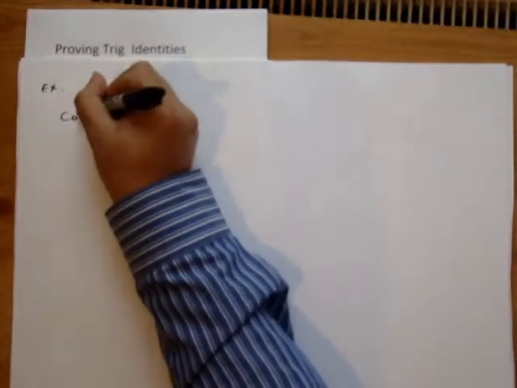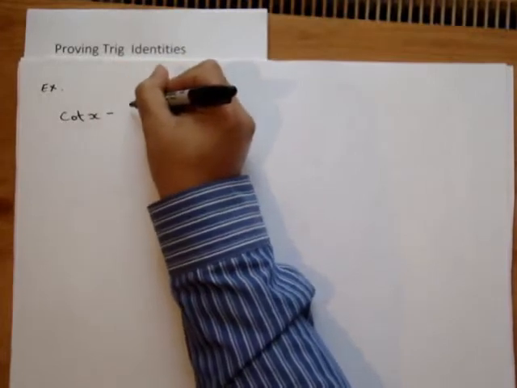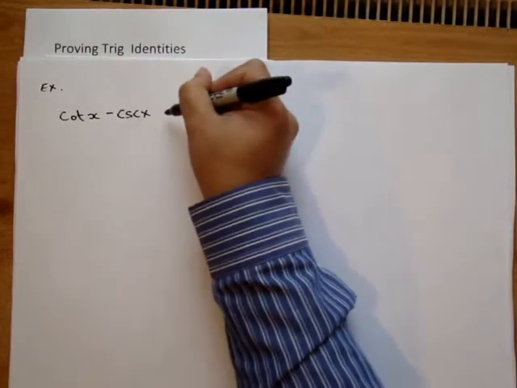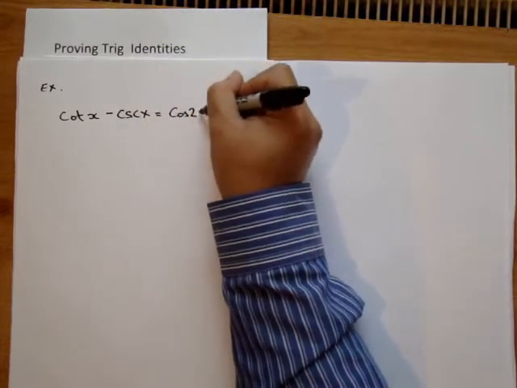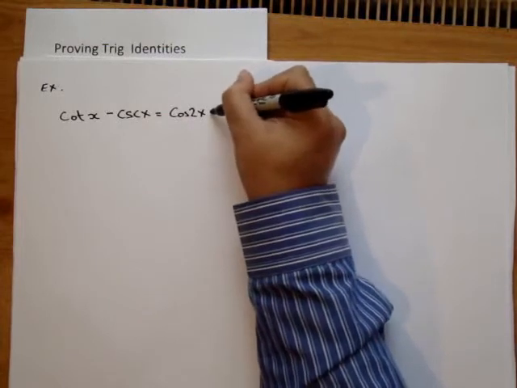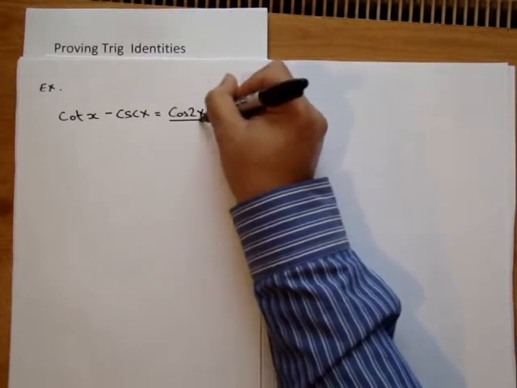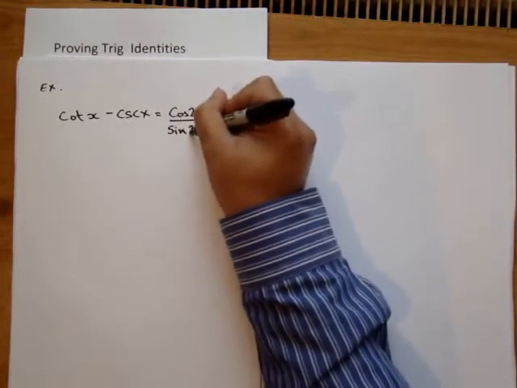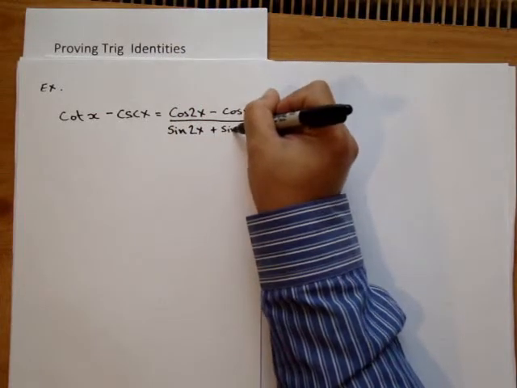In this example, cotangent of x minus cosecant x equals cos 2x minus cos x all over sin 2x plus sin x.